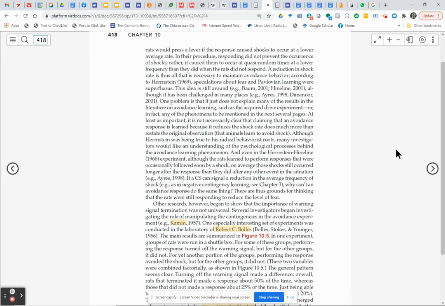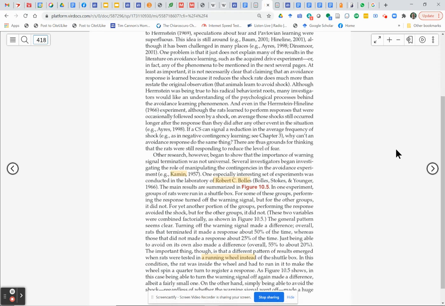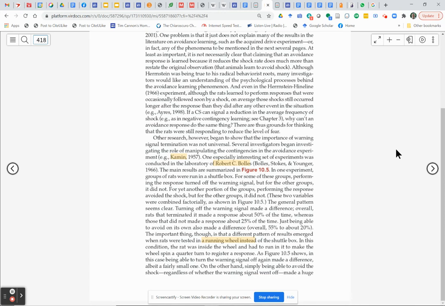Herrnstein and Hineline, 1966, the idea of average response shock rates going down being important. That's important. And Kamin we've seen before, and here's Bolles.